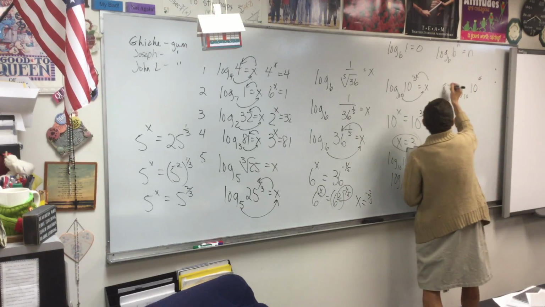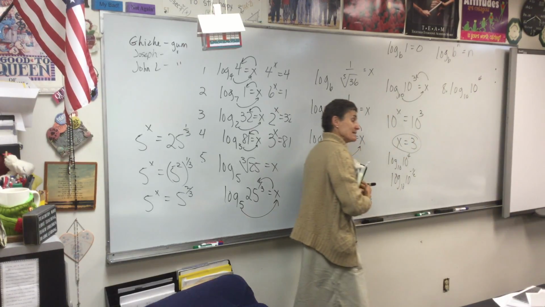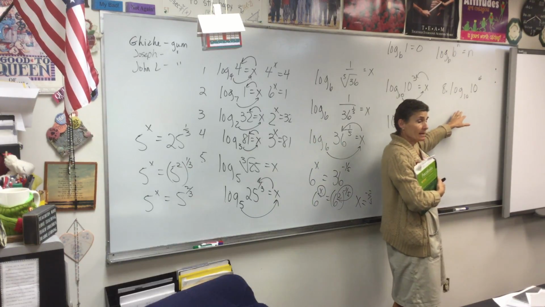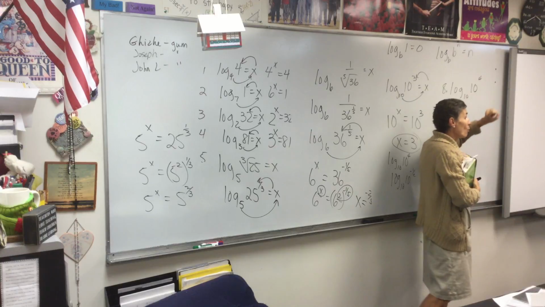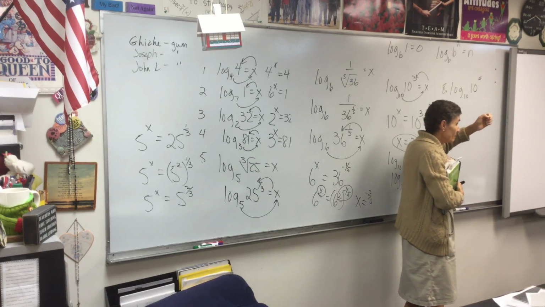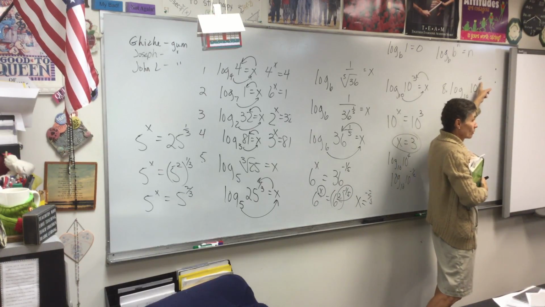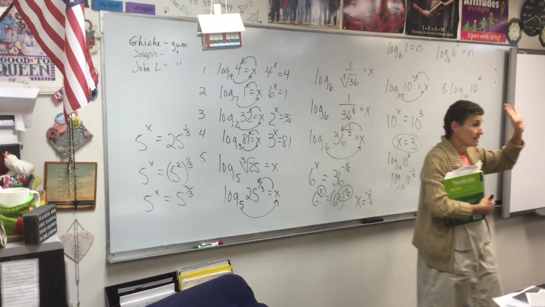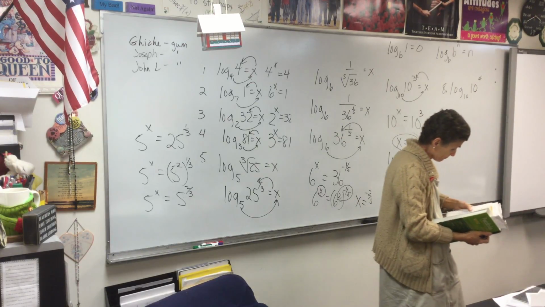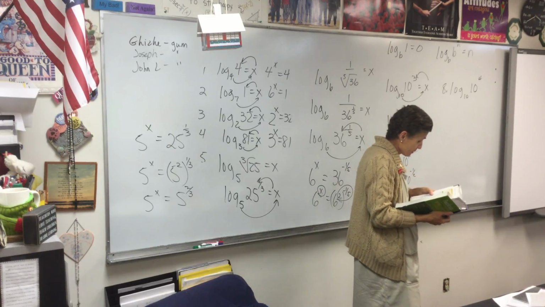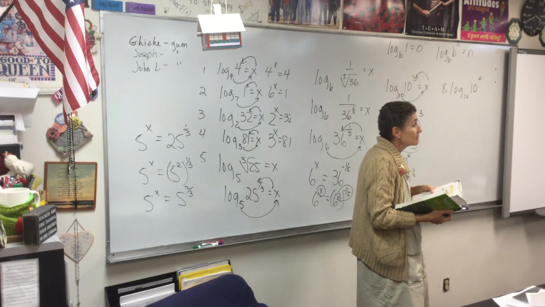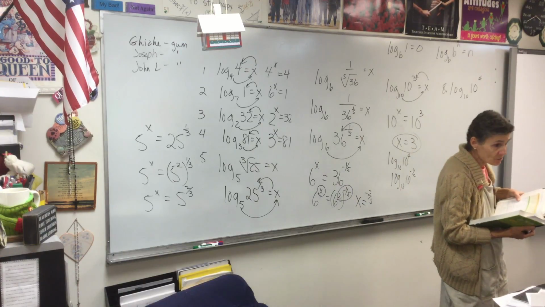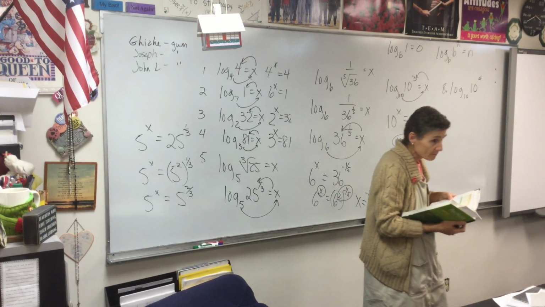So problem number 8 has a base 10, understood, LOG always means base 10, and I rewrote 10,000 as 10 to the 4th power, so that I can see the answer to number 8 is 4. How about number 9? 5, because 100,000 is 10 to the 5th.